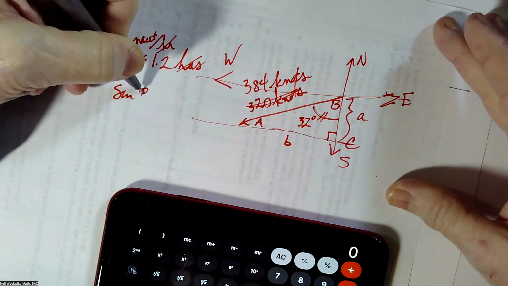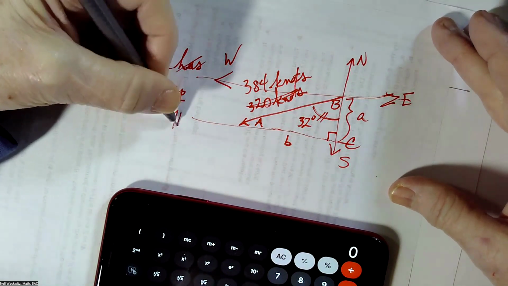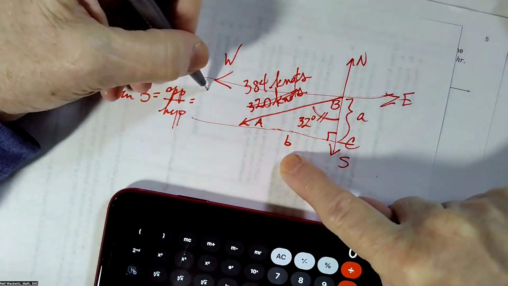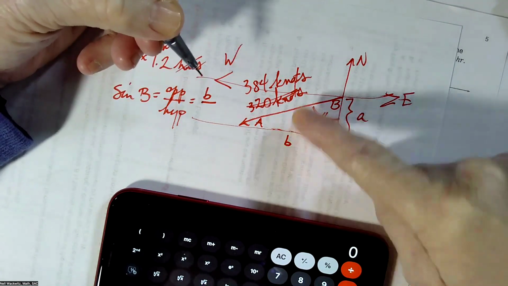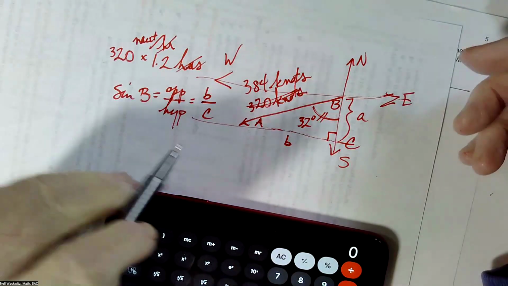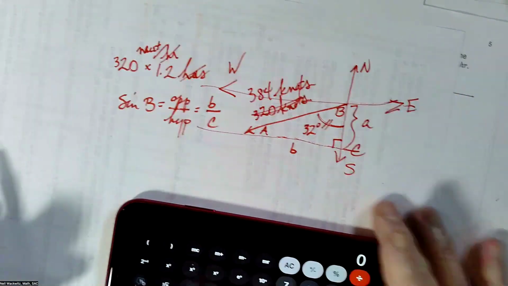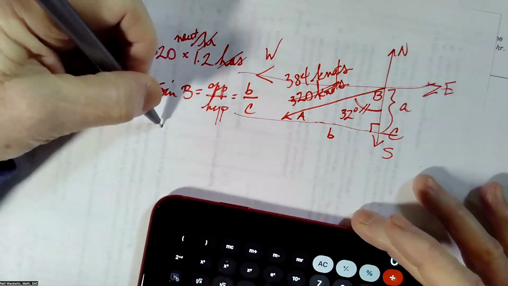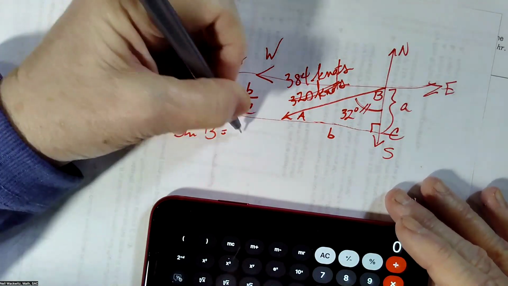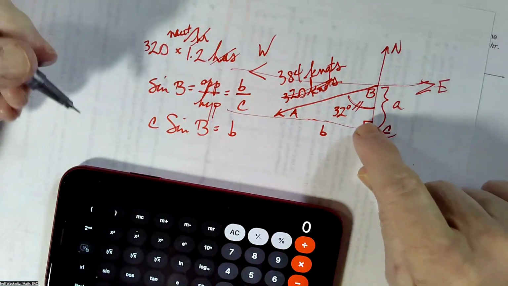The sine of B is opposite over hypotenuse. Well, opposite is little b, hypotenuse is c. I can multiply both sides by c since I'm trying to find little b. So c times the sine of angle B is little b. And now I can fill in the numbers that we have.